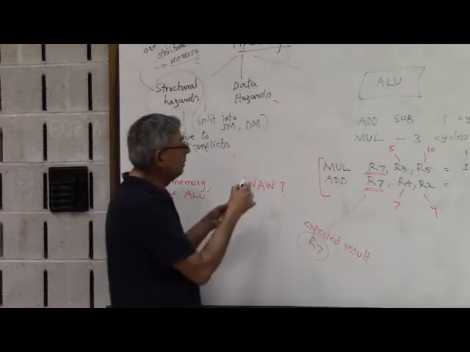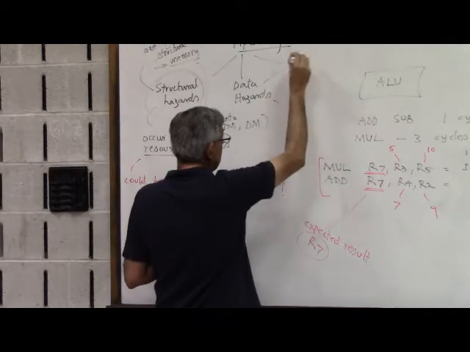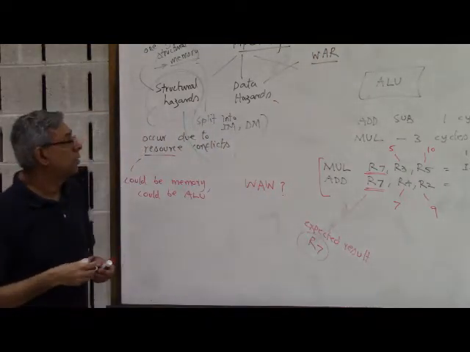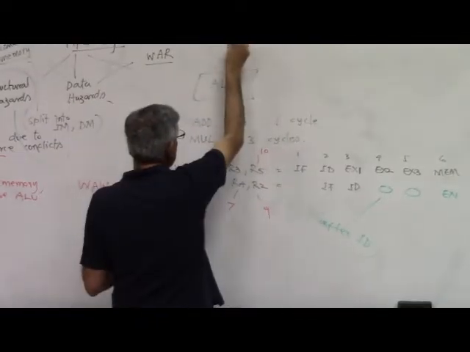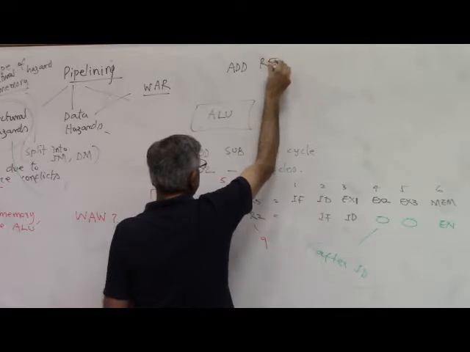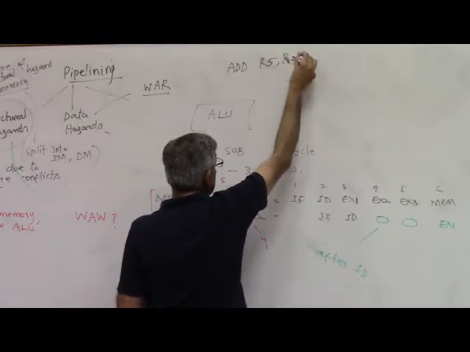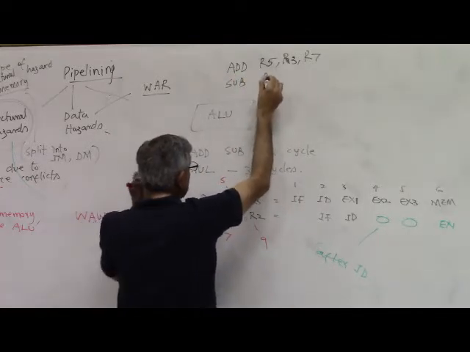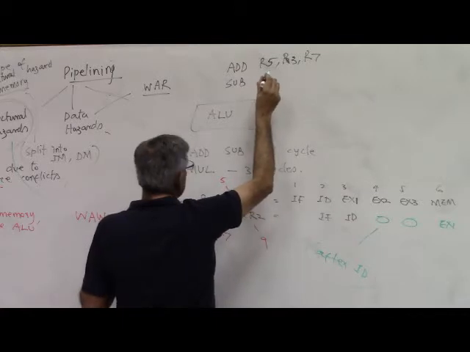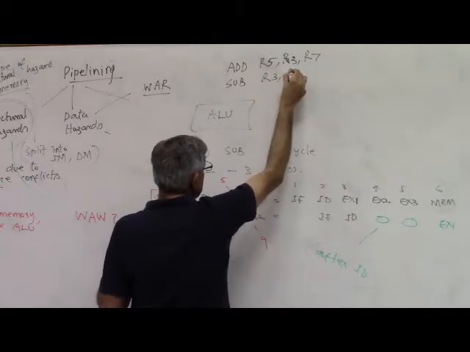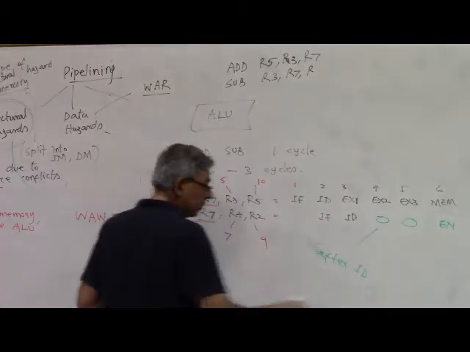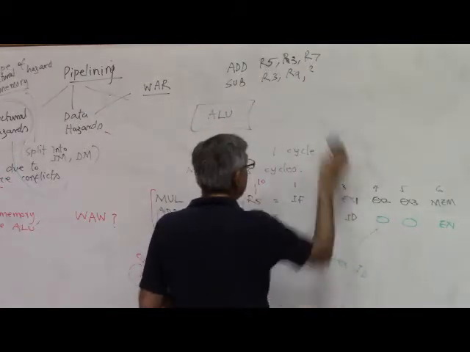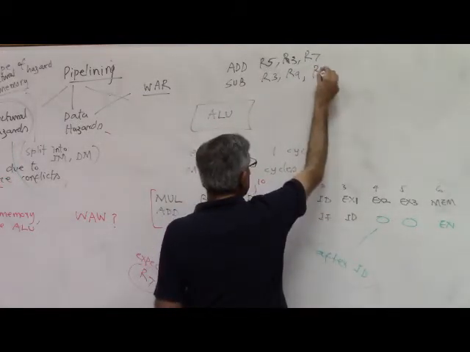Very similarly, our last category of data hazards was WAR, write after read. The example would be something like add R5, R3, R7, and then subtract R3, R9, R12.